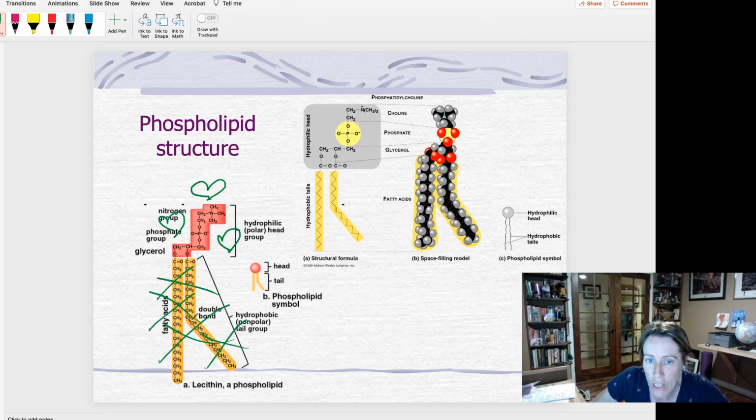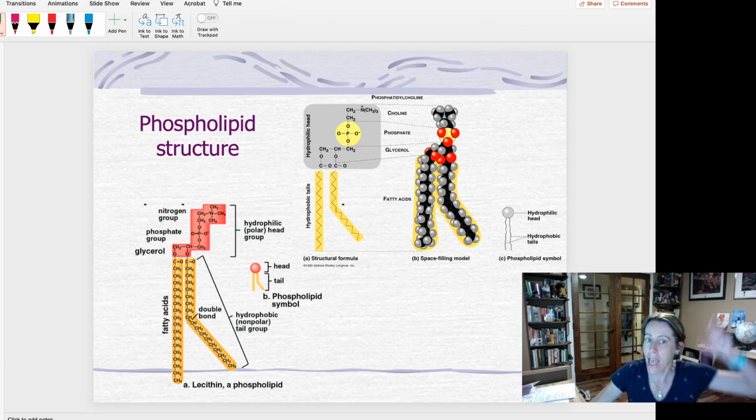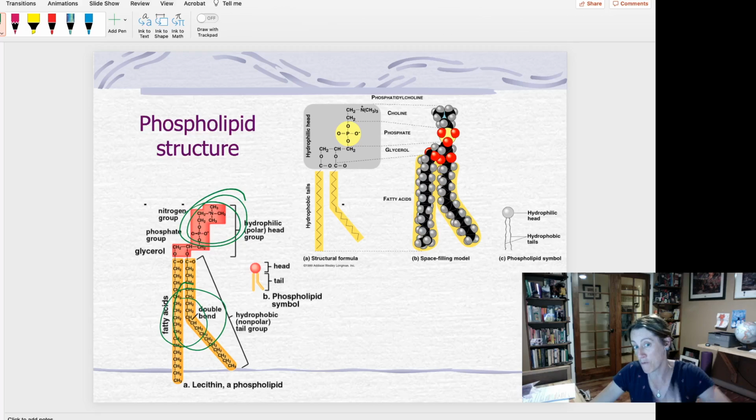Because this has charges, so water's attracted here. There's no charges here, so this wants nothing to do with water, and water wants nothing to do with it. So we have a molecule that can't decide. Its head, the top part, really loves water. Its tails, its bottom part, just wants to avoid water at all cost. So this molecule is conflicted.